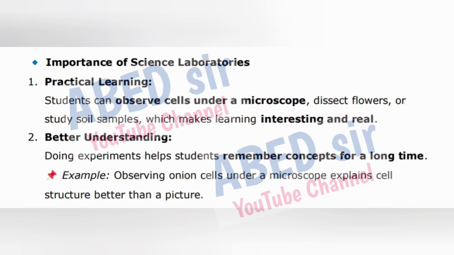1. Practical learning. Students can observe cells under a microscope, dissect flowers, or study soil samples, which makes learning interesting and real. 2. Better understanding. Doing experiments helps students remember concepts for a long time. Example, observing onion cells under a microscope explains cell structure better than a picture. 3.